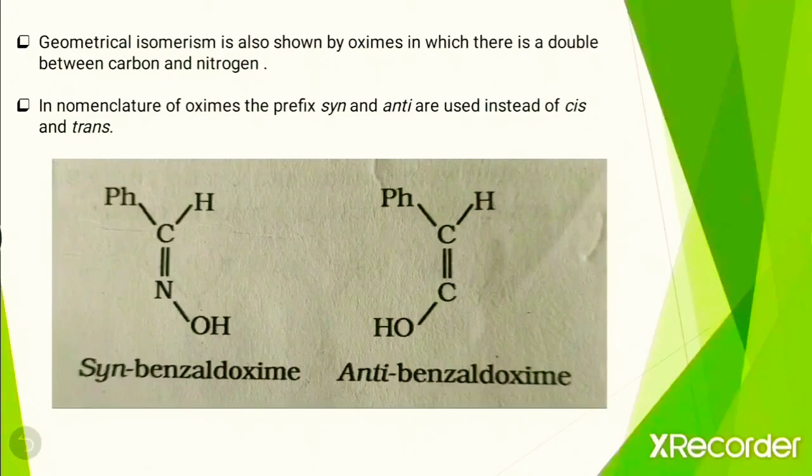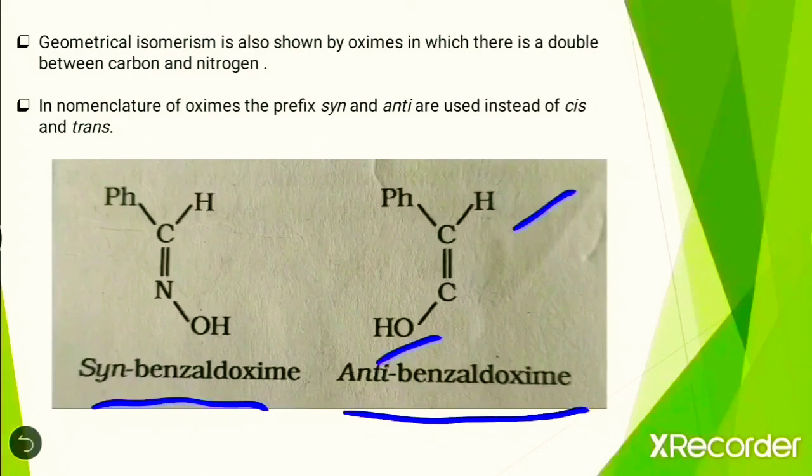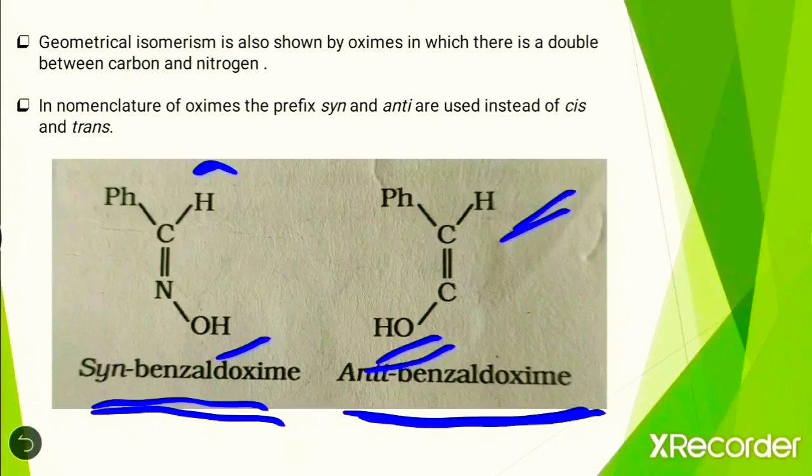The isomer in which the hydrogen and the hydroxyl group are on the same side is known as the syn isomer, and the one in which they are on opposite sides is known as the anti isomer. In this example, it is syn-benzaldoxime because the hydrogen and hydroxyl group are on the same side. In this, the hydrogen and hydroxyl group are on opposite sides, so it is anti-benzaldoxime.